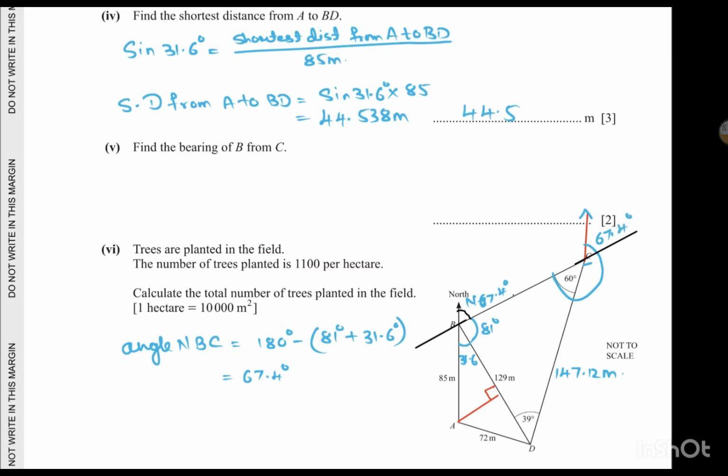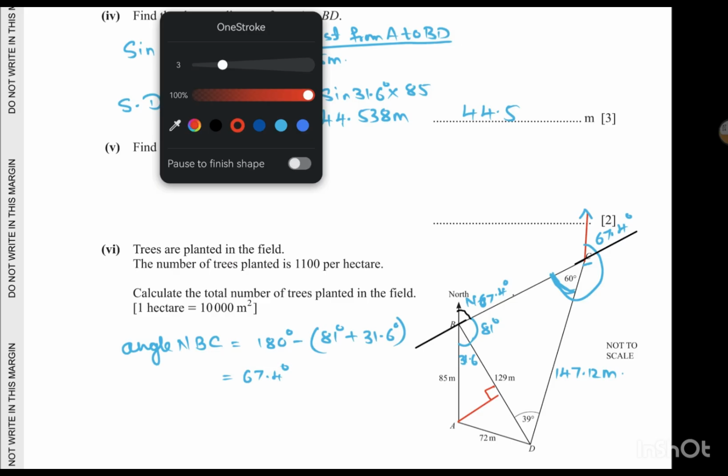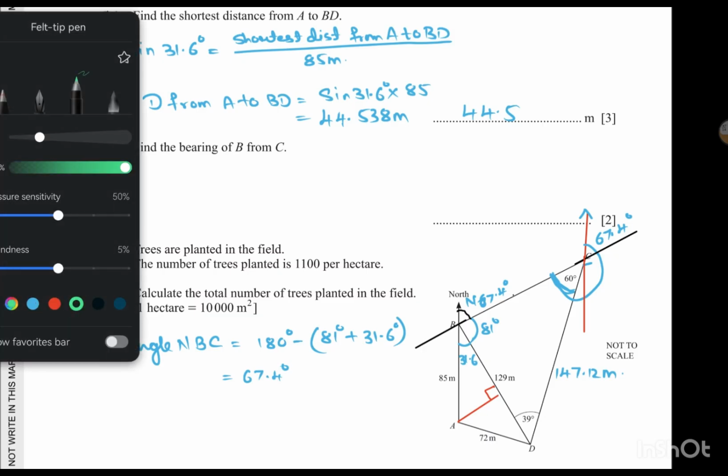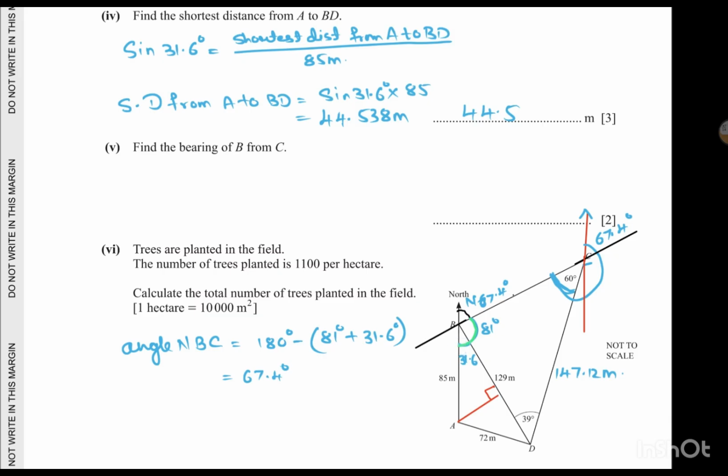So we have to find all the angles. Now this part we already know, it is 60. Now we need to find this part now. For that, if I extend this north line downwards, let me take the same red color. Now if I extend this north line downwards, you see that this angle is corresponding to this angle.